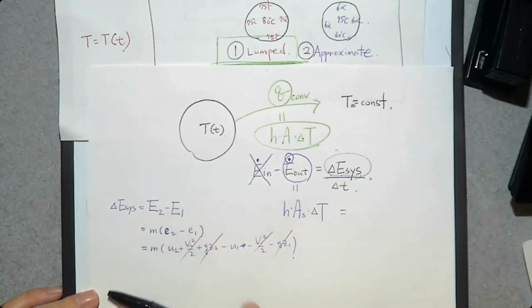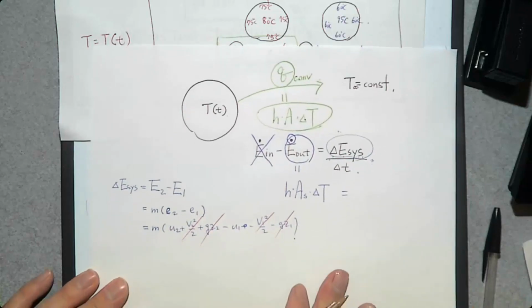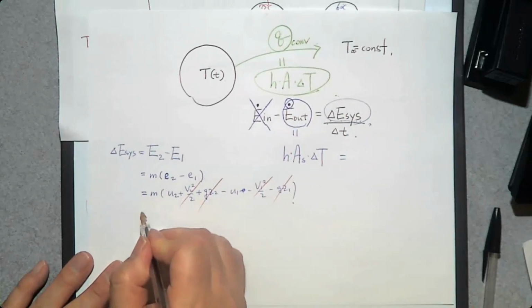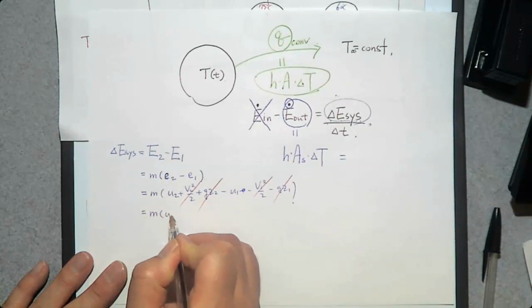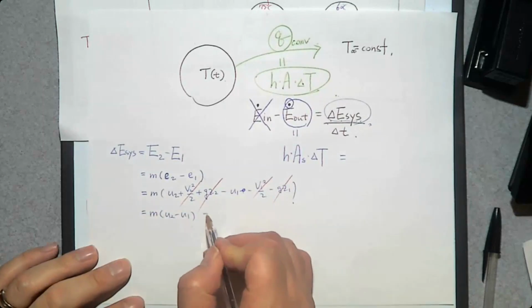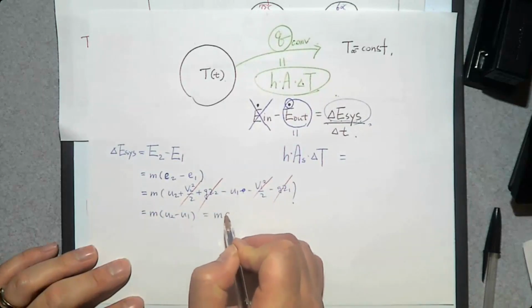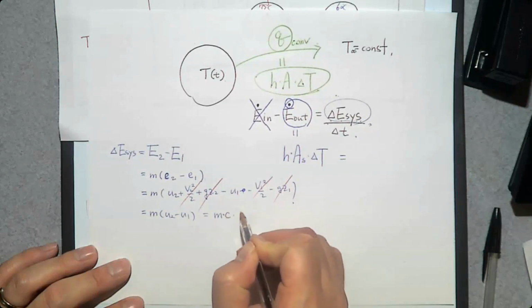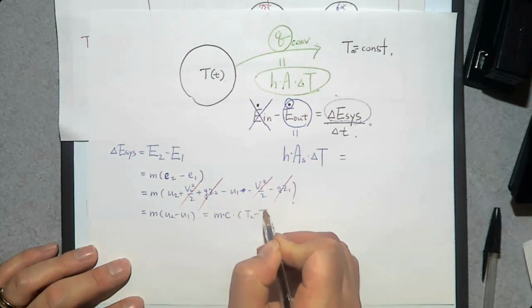Then what do we have? We only have mass times U2 minus U1. And do you remember how to determine U2 minus U1? When we have a solid, we can use specific heat. Mass times specific heat times temperature difference, T2 minus T1.